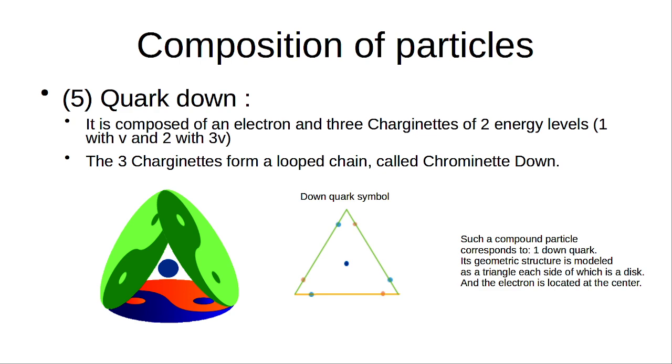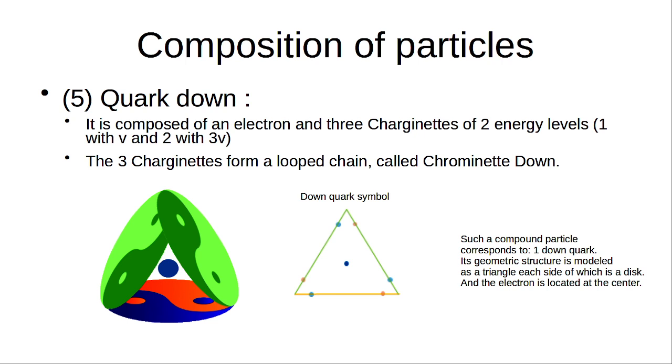5. Quark down. It is composed of an electron and 3 charge nets of 2 energy levels, 1 with V and 2 with 3V. V is the speed of the orbital rotation.